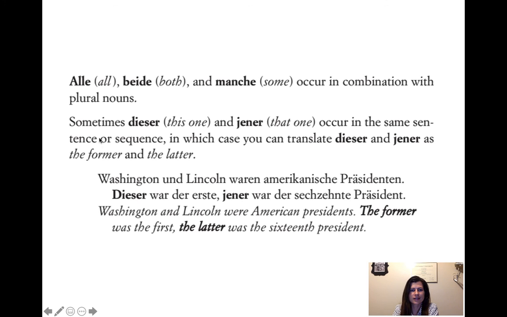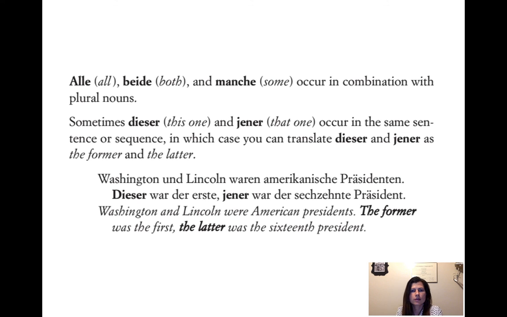So Washington und Lincoln waren amerikanische Präsidenten. Dieser war der erste, jener war der 16. Präsident. So dieser would be the former, this one, and then jener is the other one. Yeah, the former and the latter.